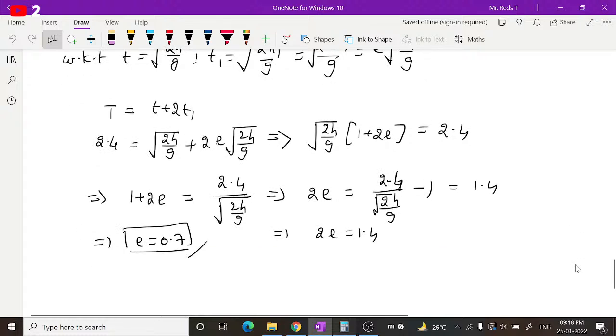Question number 50. Let me see. In collisions, Collisions level 2, exercise 1.